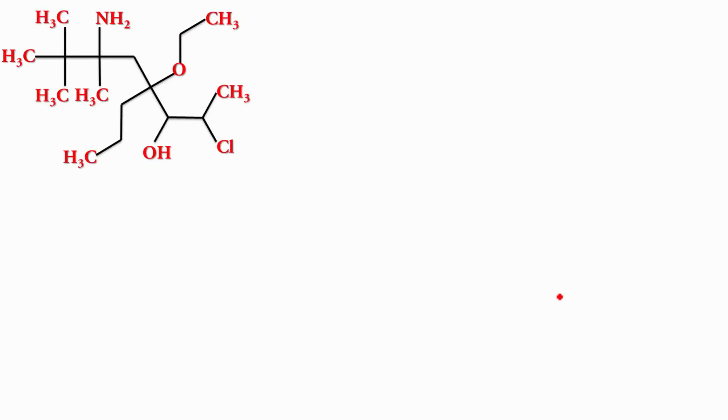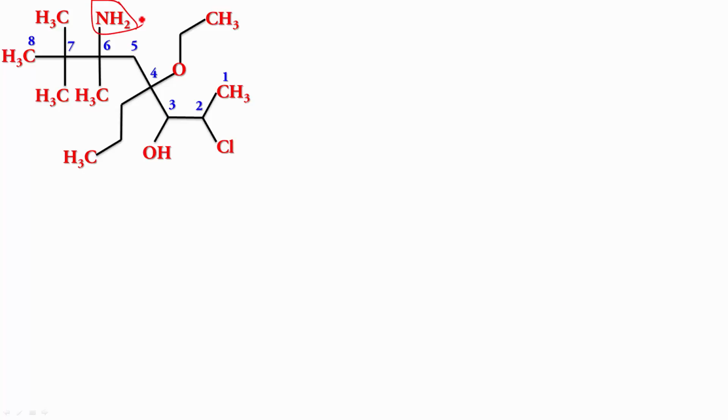Some more. You got alcohol, you got Cl, you got ether. Obviously, alcohol is the principal functional group. So 1, 2, 3, 4, 5, 6, 7, 8. Maximum number of carbon atoms. Now, if you want to go for this, then the naming is going to start with, I guess, chloro, or perhaps, we have amino.